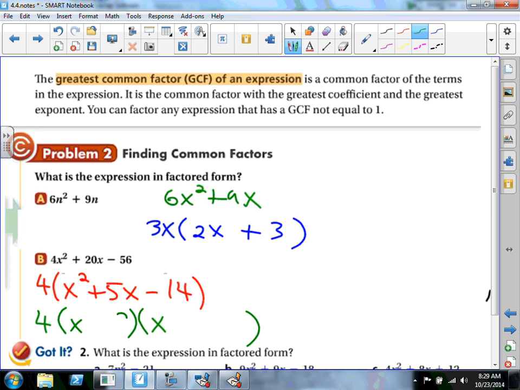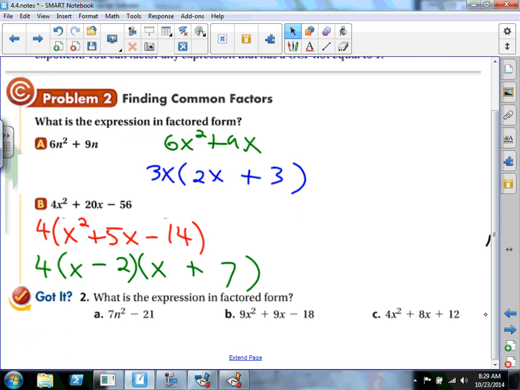Which one gets the positive sign? The 7 gets the positive sign because the 14 is negative, which tells us the signs are different. The 5 is positive in the middle, so the bigger one gets the positive sign, and there we go. If you don't believe me, you could look it up on Wolfram Alpha or maybe a TI-Nspire CAS if you're lucky enough to get your hands on one of those.